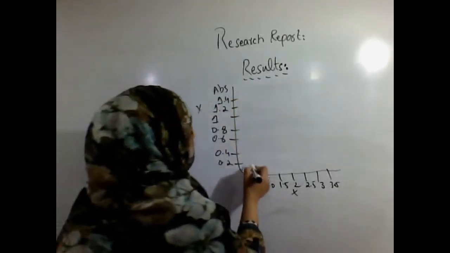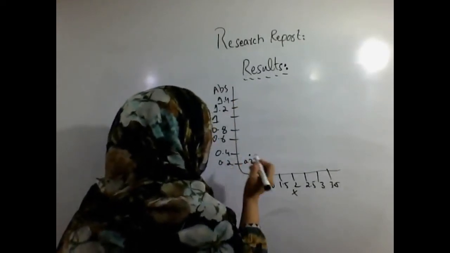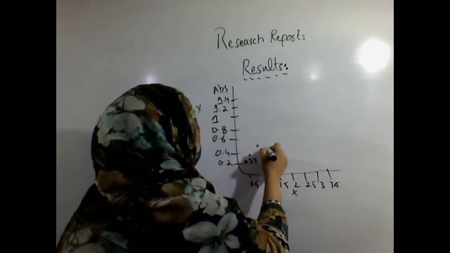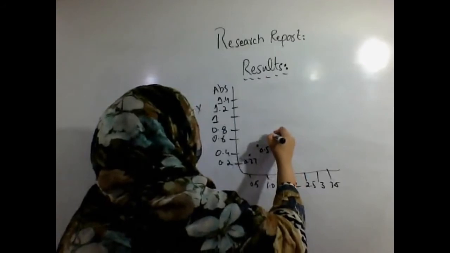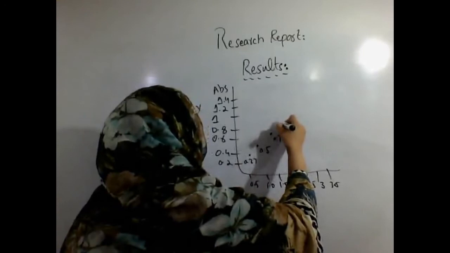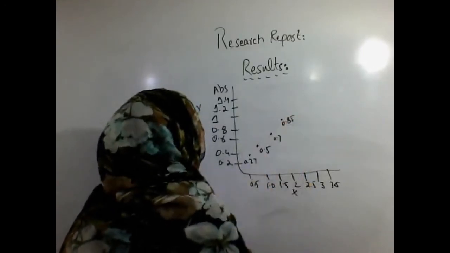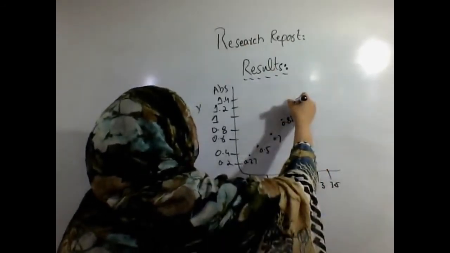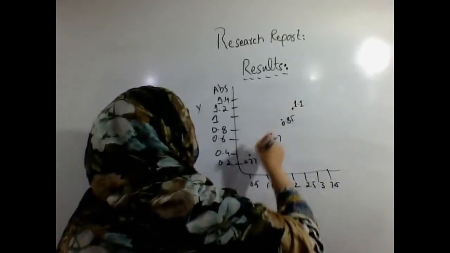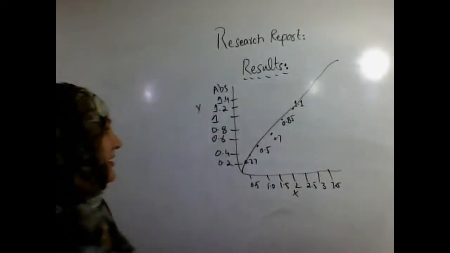Here this sample has absorbance 0.37, this sample has 0.5, this has 0.7, this has 0.85, this has the value 1.1. So these are your standards. This is your standard curve.